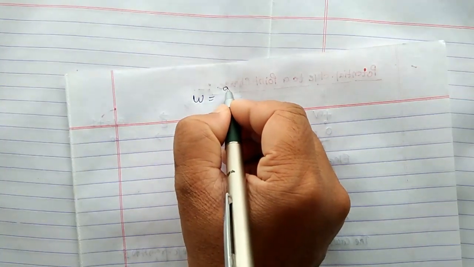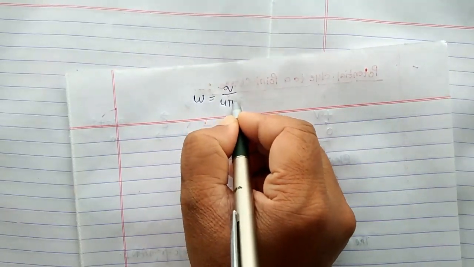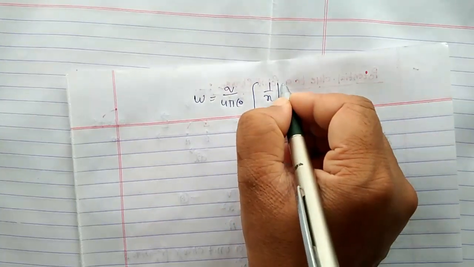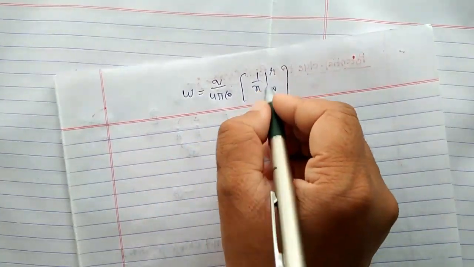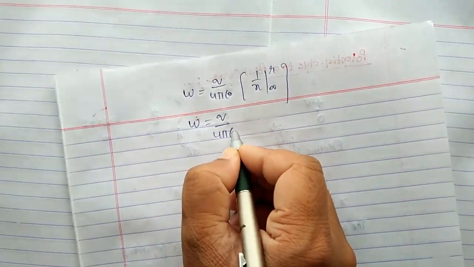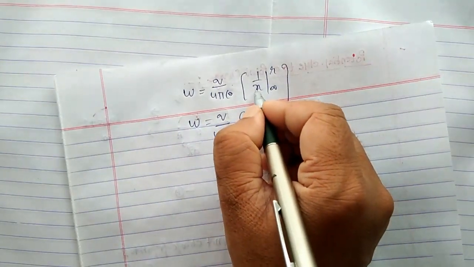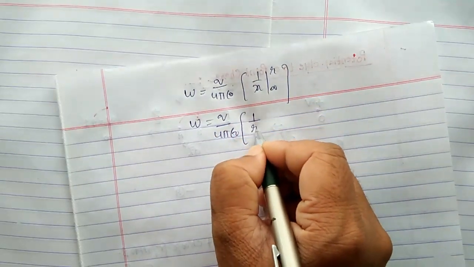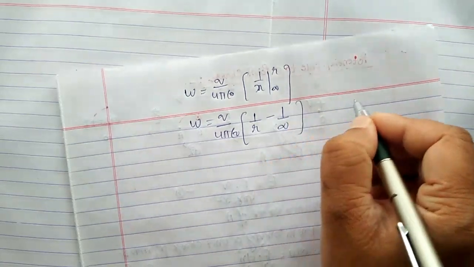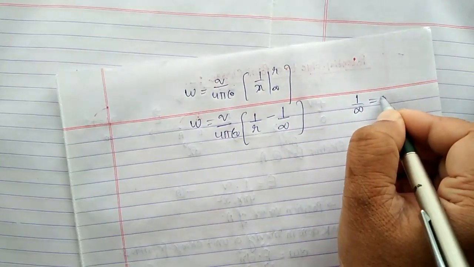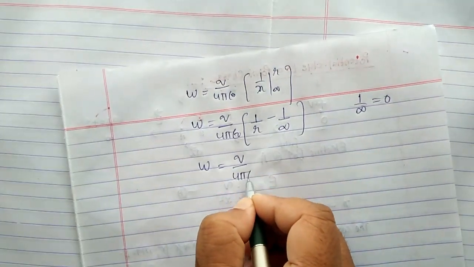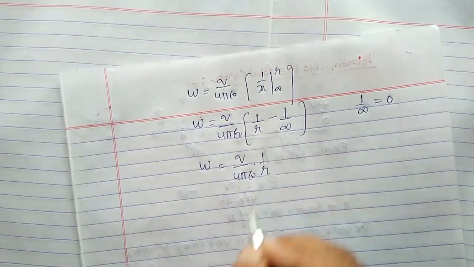W is equal to Q upon 4 pi epsilon naught, with x replaced by the upper limit 1 by R minus the lower limit 1 upon infinity, and 1 upon infinity will be 0. So work done is equal to Q upon 4 pi epsilon naught 1 by R.